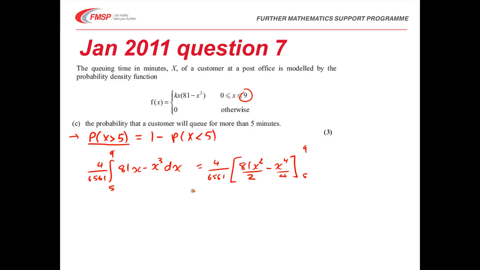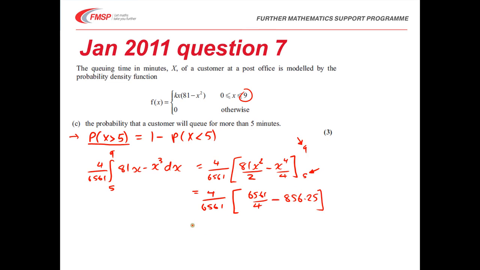And working out those values gives me 4 on 6561 times 6561 on 4, subtracting 856.25. Okay, so the 6561 on 4 comes from putting the 9 in, the 856.25 comes from substituting the 5 in.